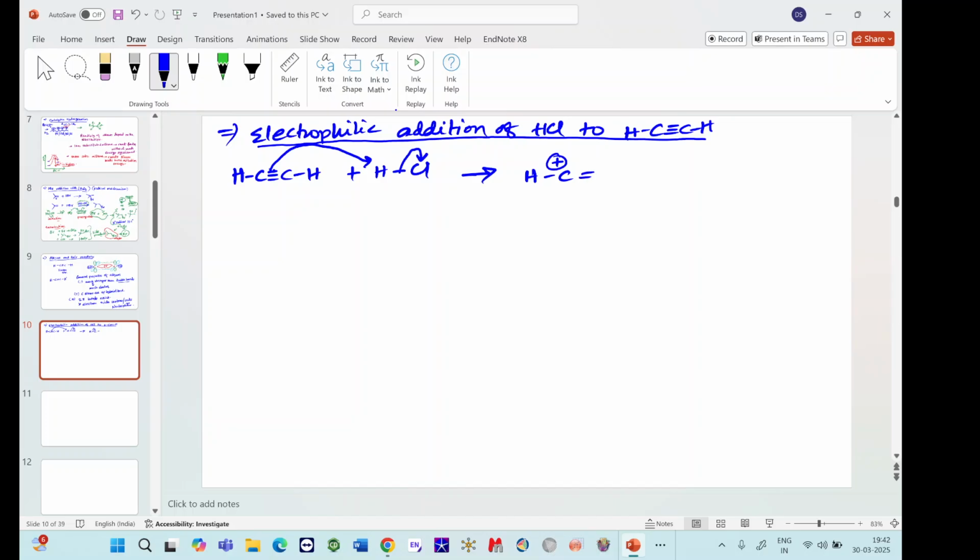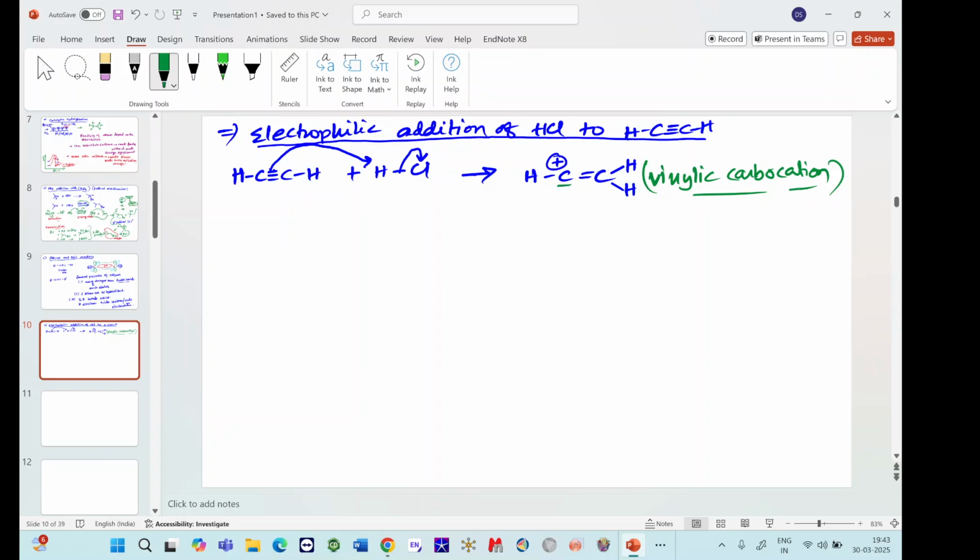You have a double bond. Proton will be taken by the other carbon. So this carbocation is termed as vinylic carbocation. It is not very much stable because you know that it is sp2 hybridized.